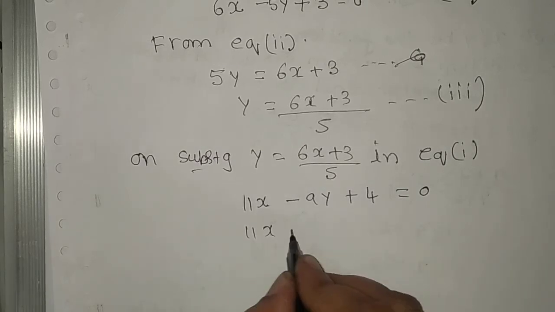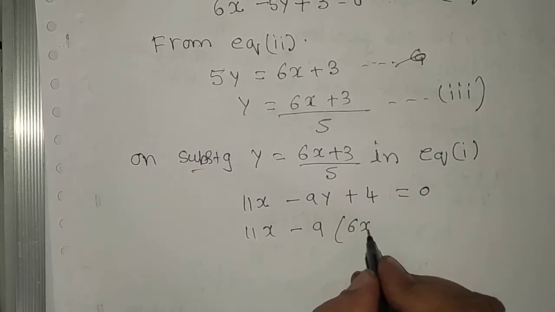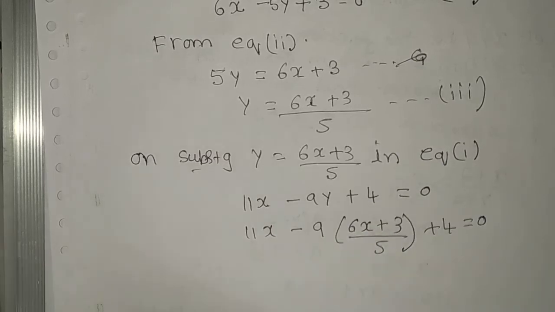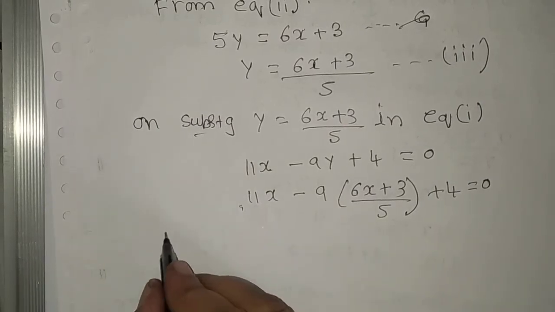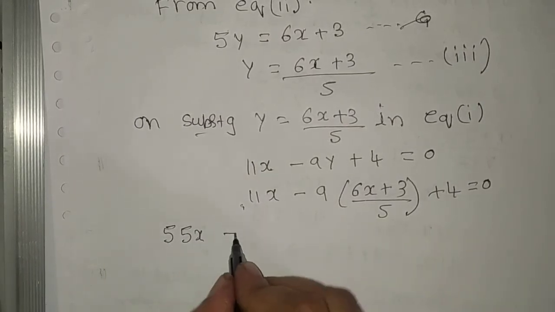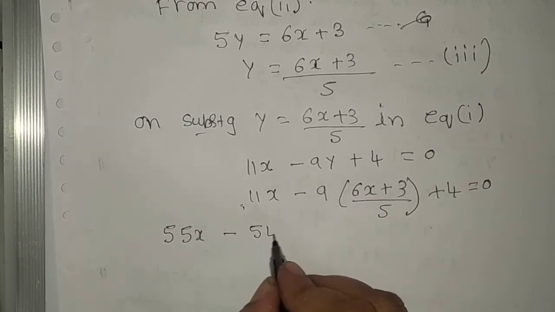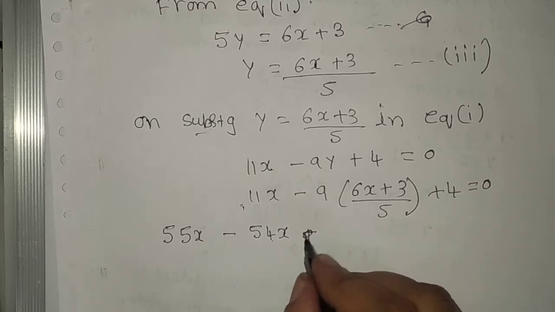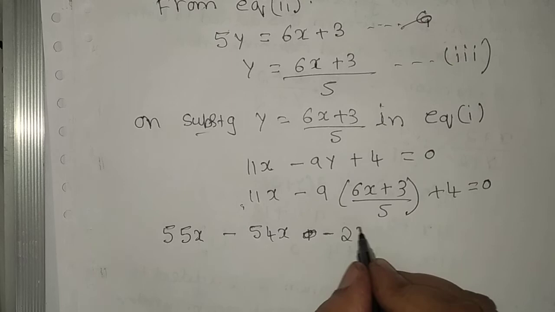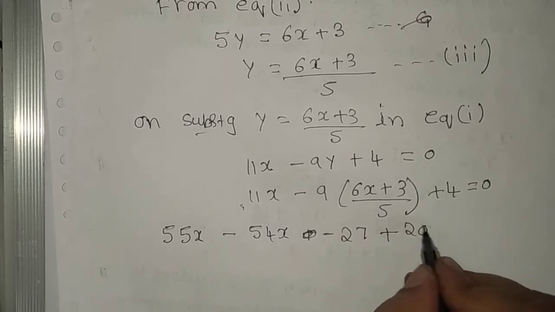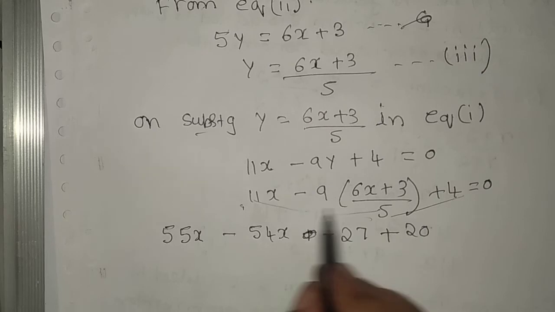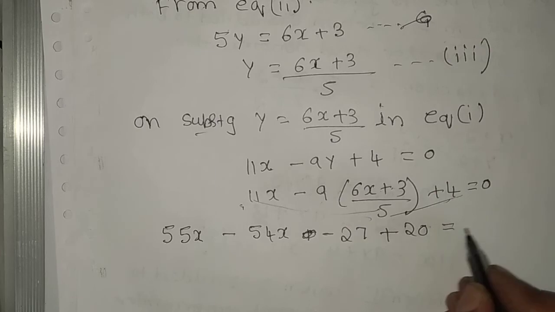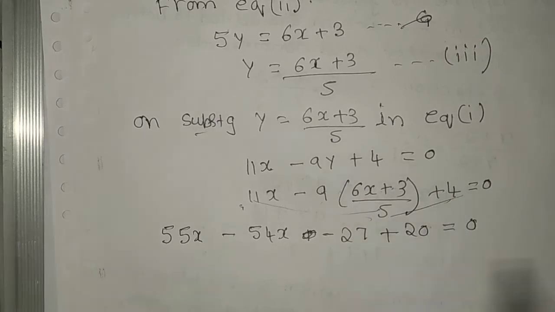Therefore 11x minus 9 into 6x plus 3 by 5 plus 4 is equal to 0. Now multiply this, this one becomes 55x, and 9 into 6 will become 54x plus 9 into 3 will become 27. This will become minus 27 plus 5 4s are 20, which is equal to 0. Finally solve this.